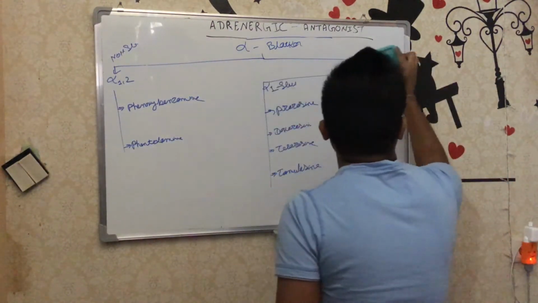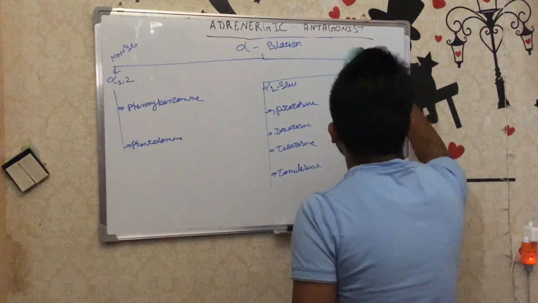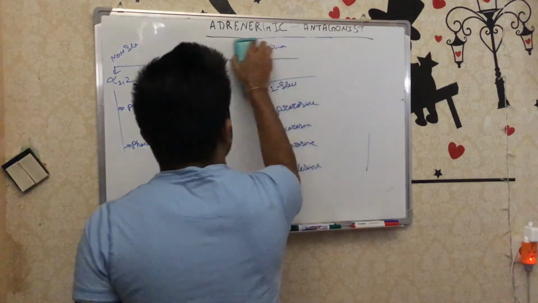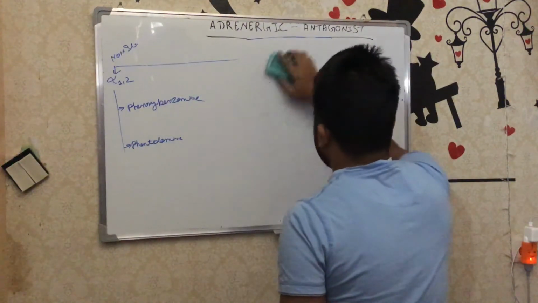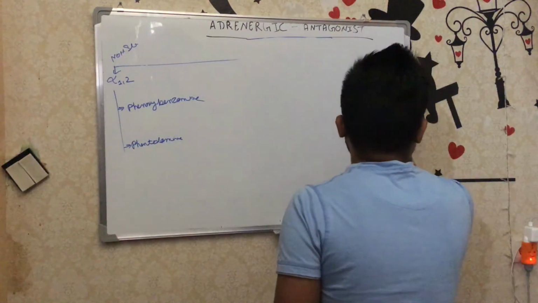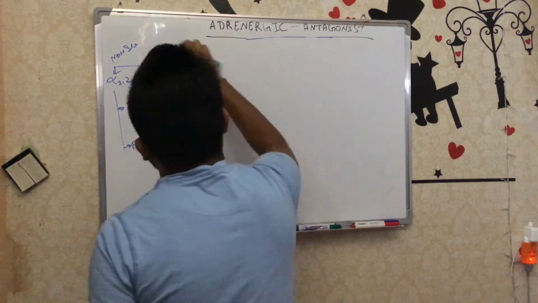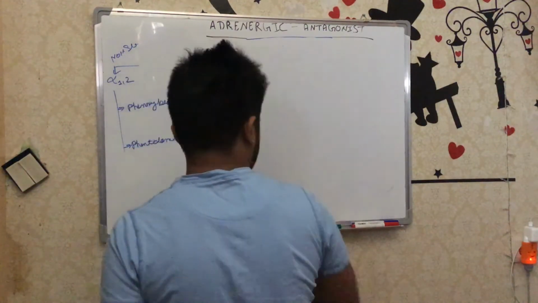Now let's discuss the non-selective ones: what could be the effect if you block both alpha 1 and alpha 2. The pharmacological effect we already discussed. So what could be the indications, in what disease can we use this drug.